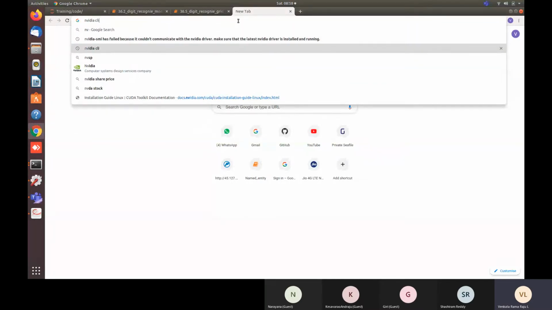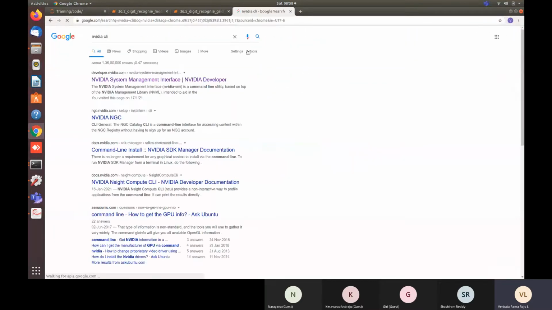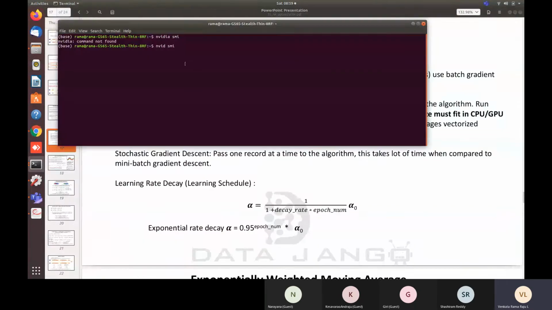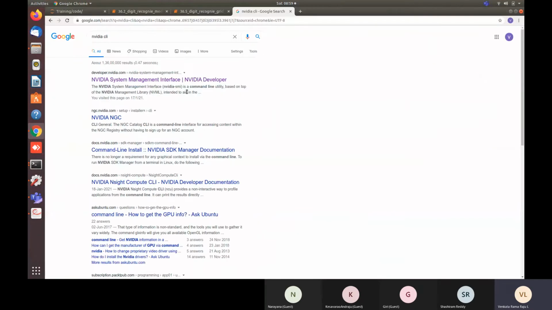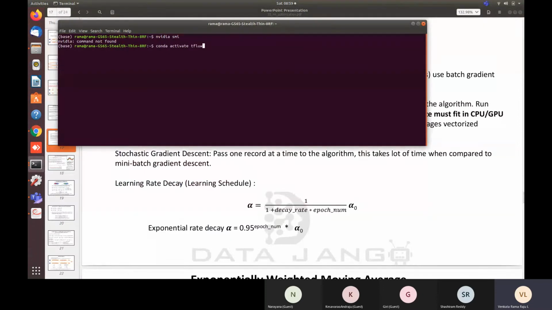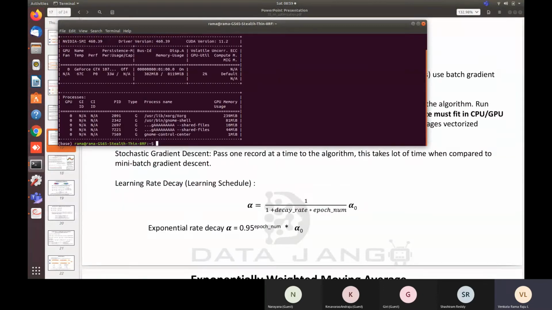NVIDIA SMI, I think. Yes, okay. I forgot the command.